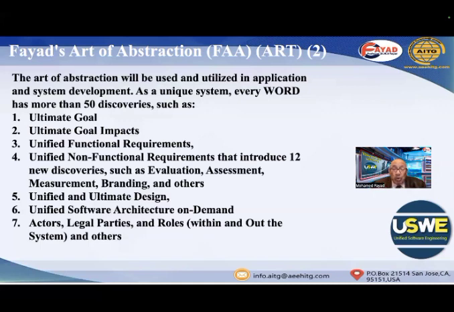We don't know how to do it. You will discover 12 important factors for evaluation, assessment, measures, branding, and unified definitions of everything you do. This is a lot of stuff you can do, by the way. You discover positive energy within your work, measurement, branding, and other things.